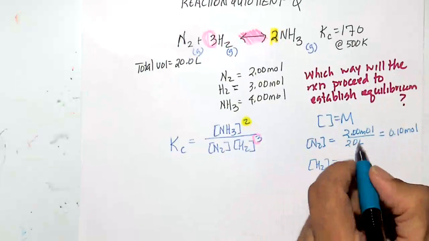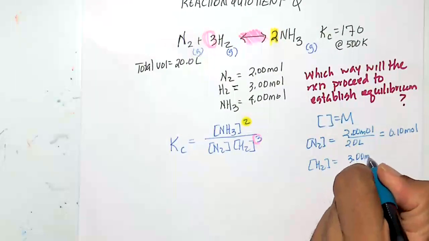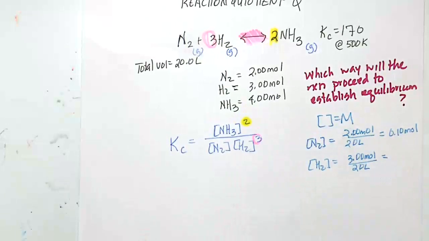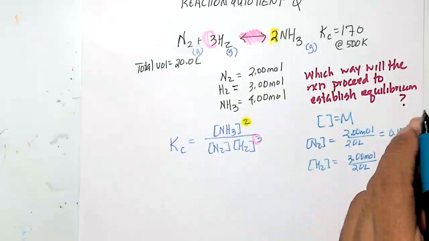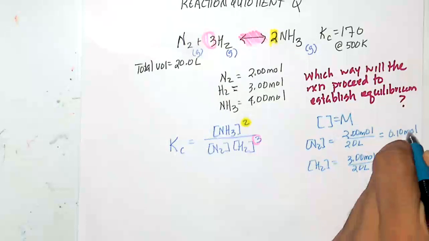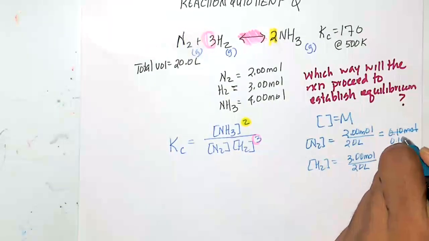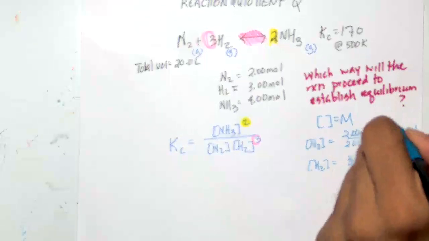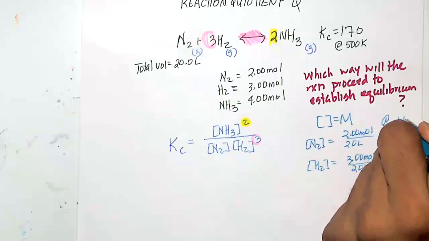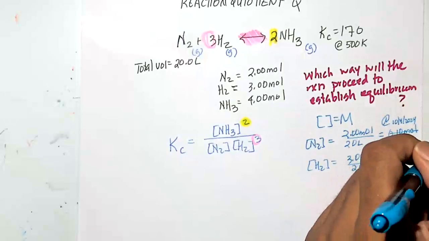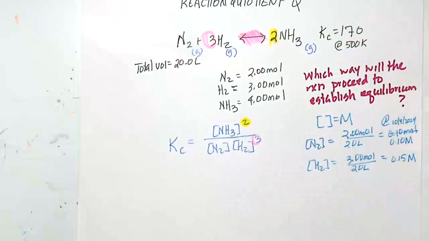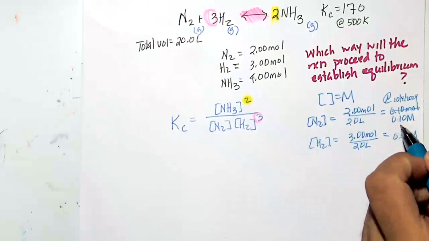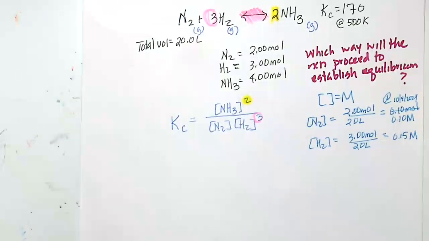What's 3 divided by 20? 0.15 molar. It's a lot of mistakes in this lecture. I think it's about time for me to retire. Too many mistakes. Molar, not moles. Molar, moles over liter.